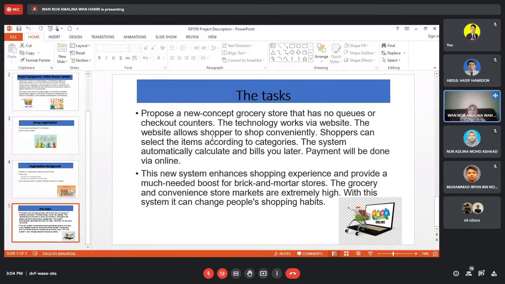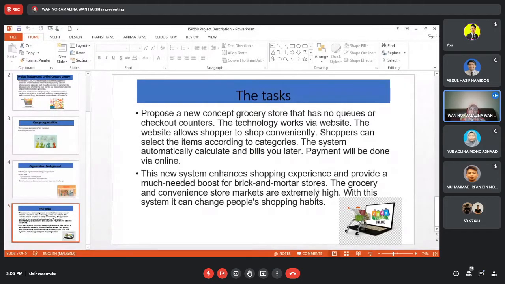The website allows shoppers to shop conveniently. Shoppers can select items according to categories, right? The system automatically calculates and bills you later and payment will be done online. So this system perhaps enhances shopping experiences and provides a much needed boost for brick and mortar stores.